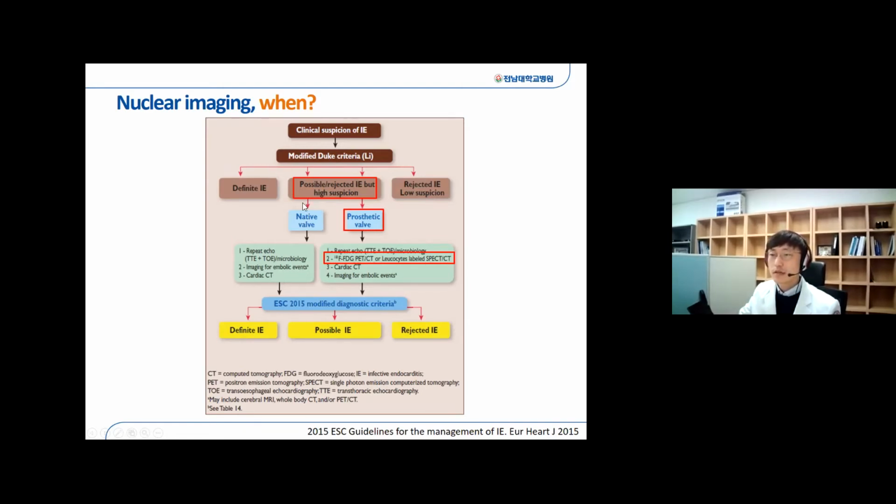But if the diagnostic category is possible IE, or rejected IE with high clinical suspicion, and if the valve is a prosthetic valve, then we can get some more information from further image testing, including repeated echocardiography, cardiac CTA, embolic imaging, and nuclear imaging, including FDG PET and WBC SPECT CT. And then the ESC diagnostic criteria can be applied, and we recategorize the diagnosis into definite, possible, and rejected IE.